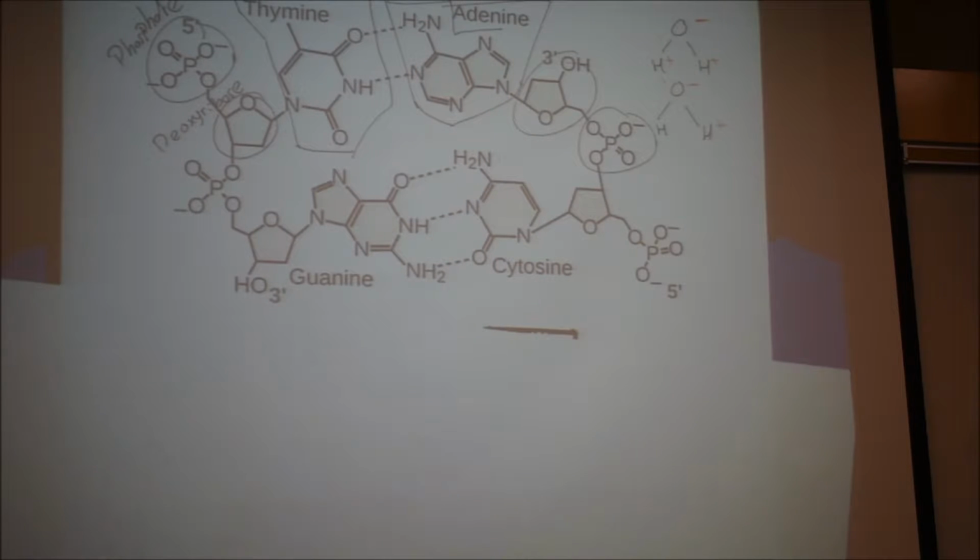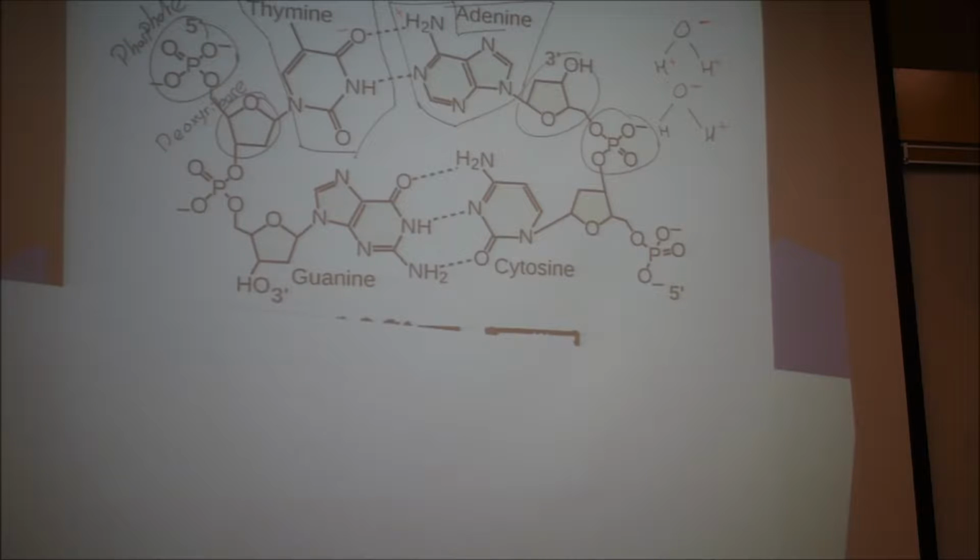That's crazy. What I'm telling you right now is that oxygen is going to have that negative charge, and hydrogen is going to have that positive charge. So when you think right there, the same trend continues. When we look at water, we see a hydrogen bond between the oxygen and the hydrogen right there. When we look right here at thymine and adenine, you see a hydrogen bond between the oxygen and the hydrogen.